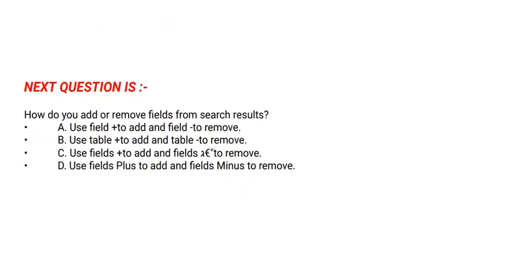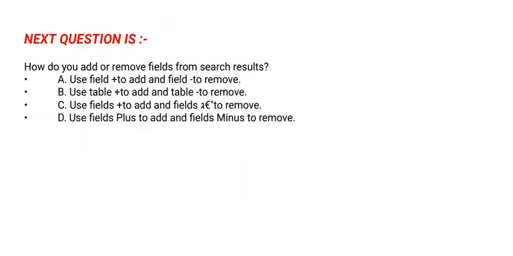Next question is, how do you add or remove fields from search results? Options are option A, use field plus to add and field minus to remove. Option B, use table plus to add and table minus to remove.